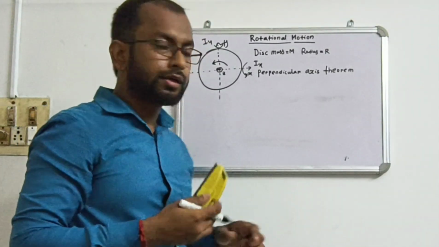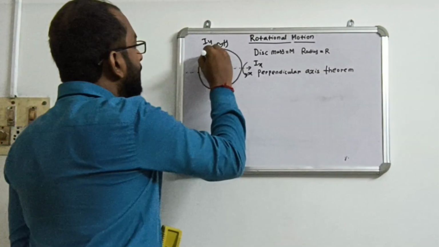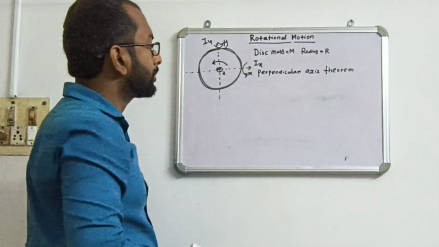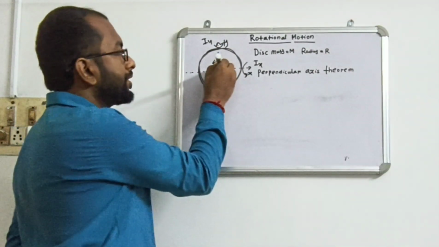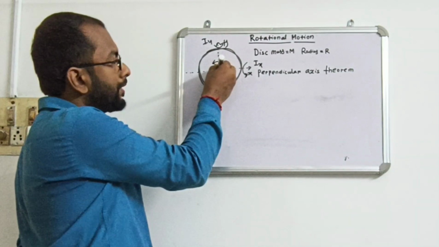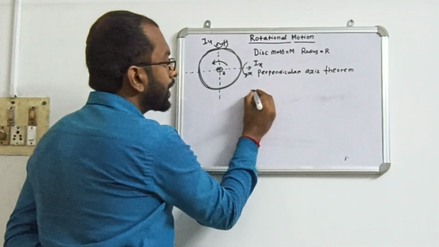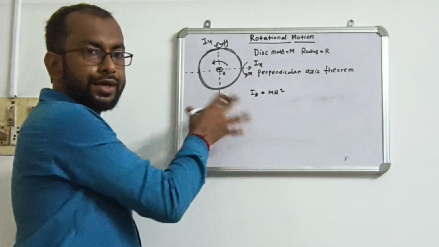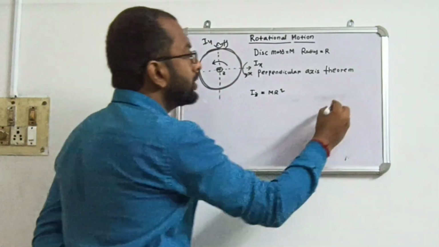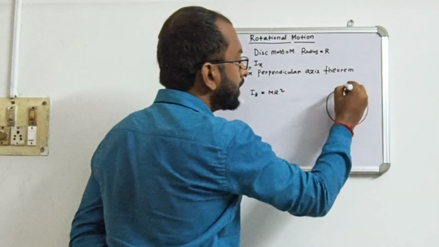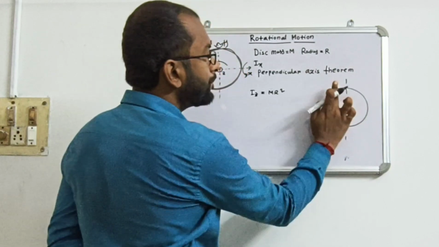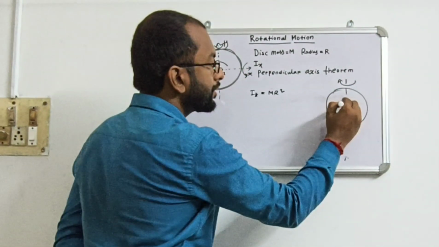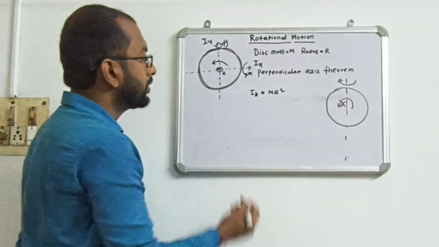Now let us consider this to be a ring of mass m and the same radius r. Now we know about this axis which is passing through the center of mass perpendicularly, that is mr square only. So what will be the Ix or Iy? Suppose it is a ring and we are interested in the ring property if the ring is rotating like this, not like this, rotating like this.